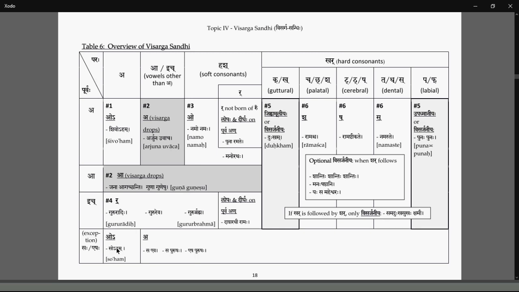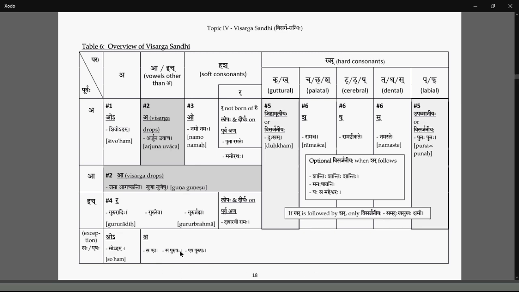So you have to remember that only when Akara follows the Visarga, which is preceded by the word Sa or Esha, you get Soham or eshoham, but otherwise you will get the visarga lopa.